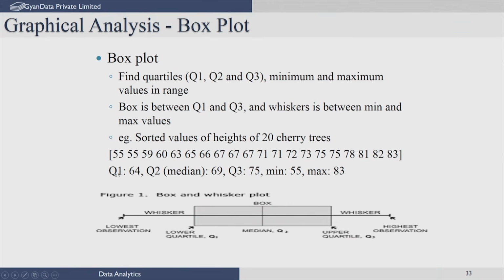Then the quartile 1 can actually be computed by just taking the first half, which is the 10 points, and computing the median of the first 10 points, which turns out to be 64, and the Q3 can be computed as the median of the other half from 71 to 83, and that turns out to be around 75. So the min and max of course are 55 and 83, and therefore you can perform this plot.